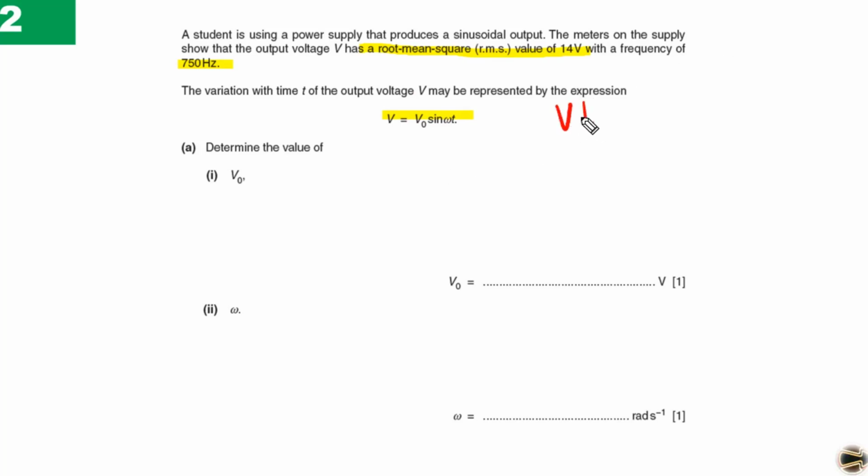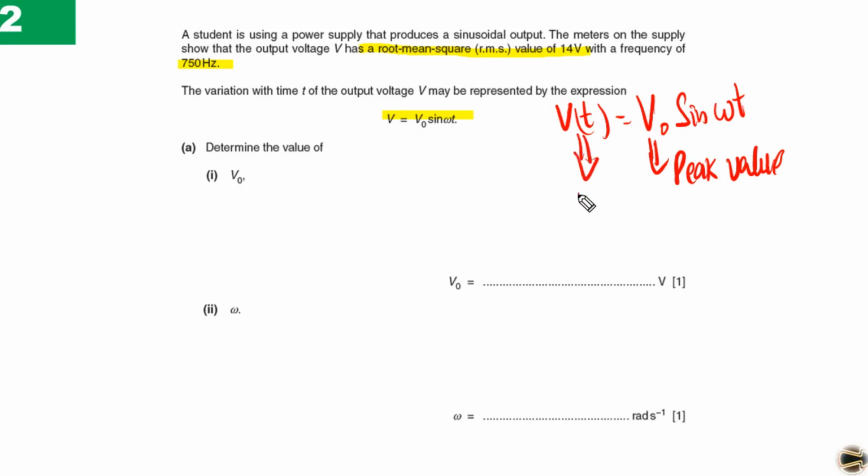We can also write it like this: V as a function of time is equal to V naught sine omega t. This V naught is the peak value of voltage, and this is voltage at any time. We can find it if we have the value of time.